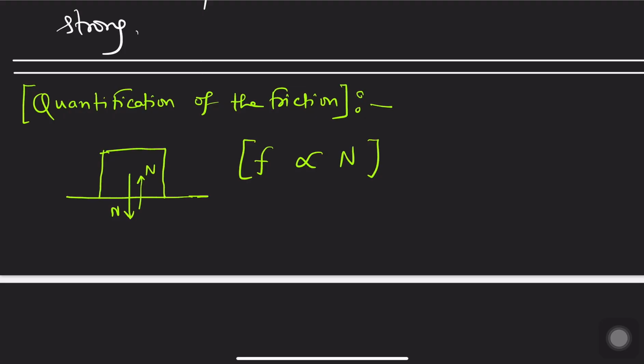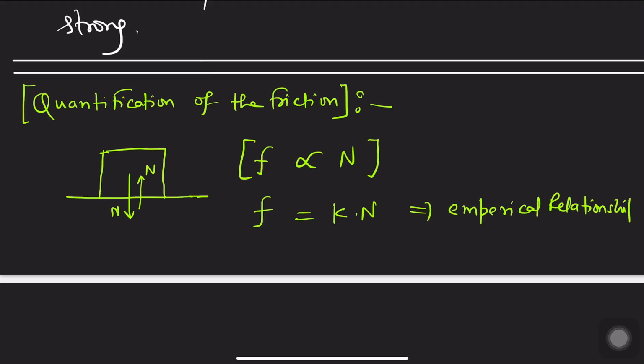So guys, if we create an equation with equality, we have to put some constant here times N. Okay guys, remember this is an empirical relationship. This is not a law or something.